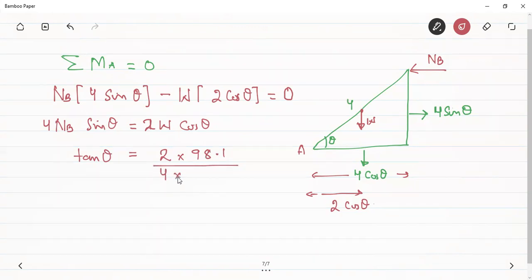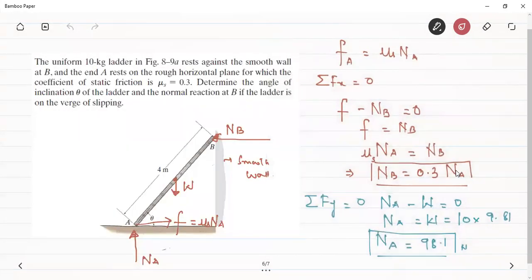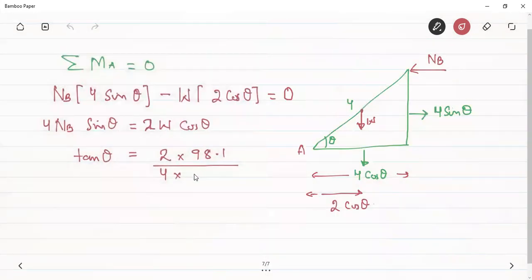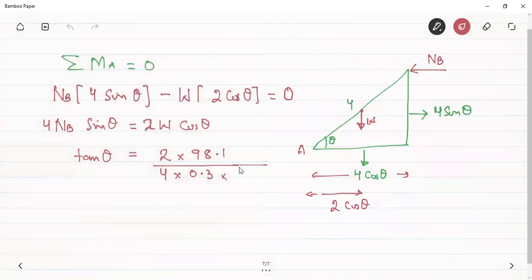From the earlier equation, NB was equal to 0.3 NA, and the NA value was 98.1.